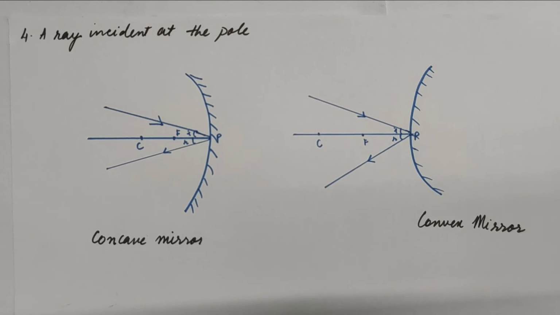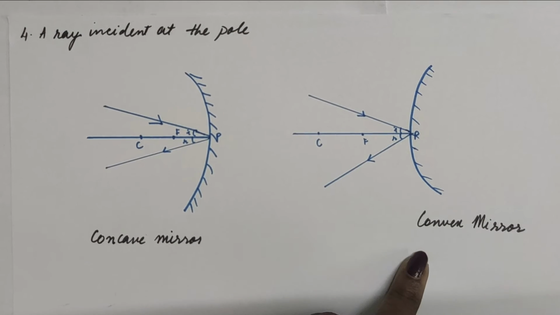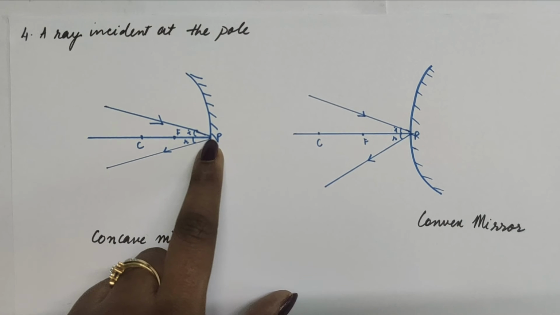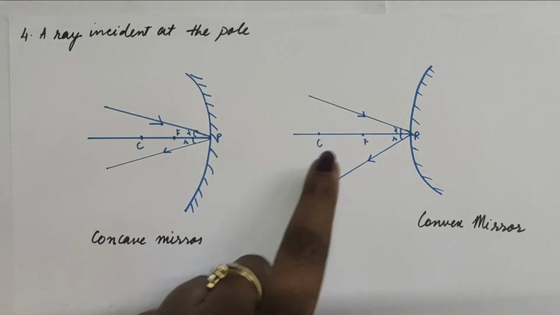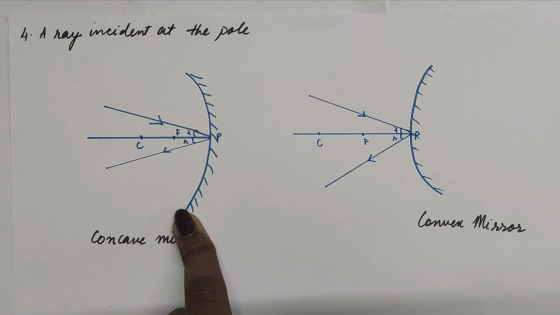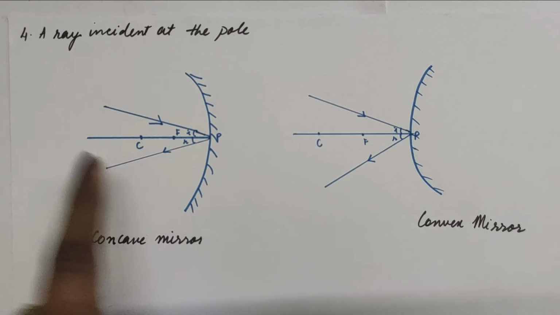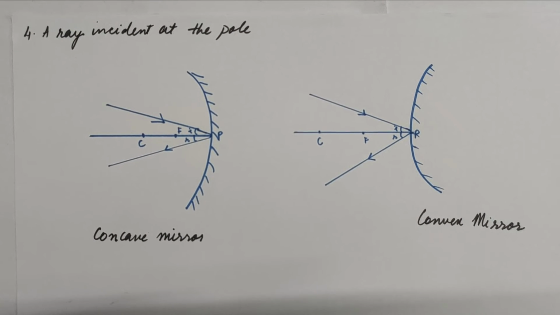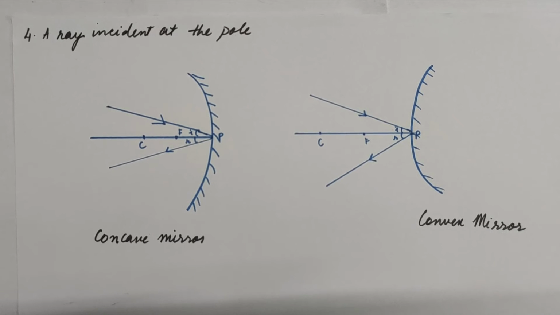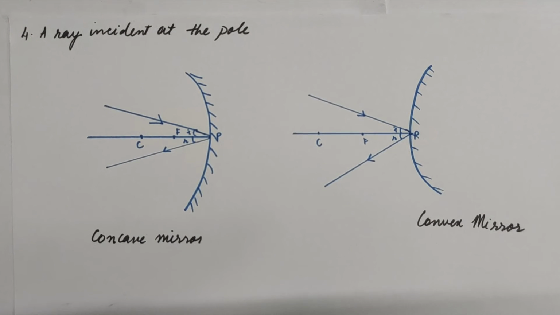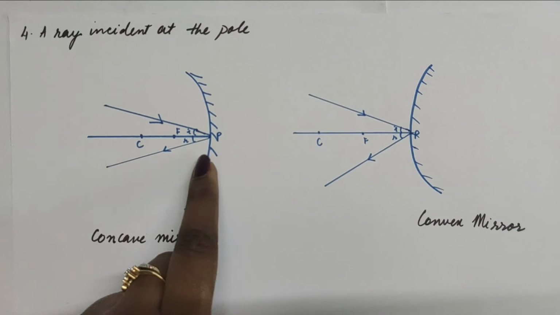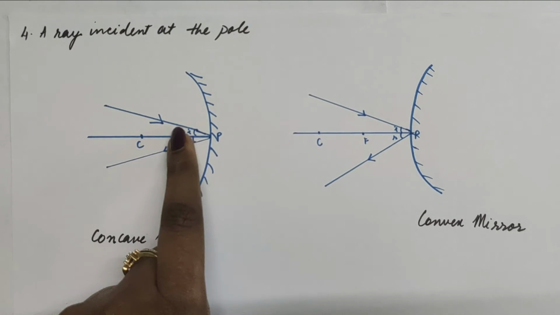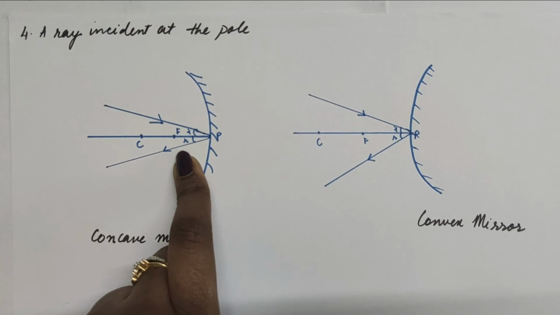In the fourth condition, a ray is incident at the pole. So you can see in the diagram for concave and convex mirrors that the ray is falling on the pole for both of these given conditions. In a concave mirror, we can say that a ray of light incident at the pole will get reflected at the same angle as per the law of reflection, that is, angle of incidence is equal to angle of reflection.